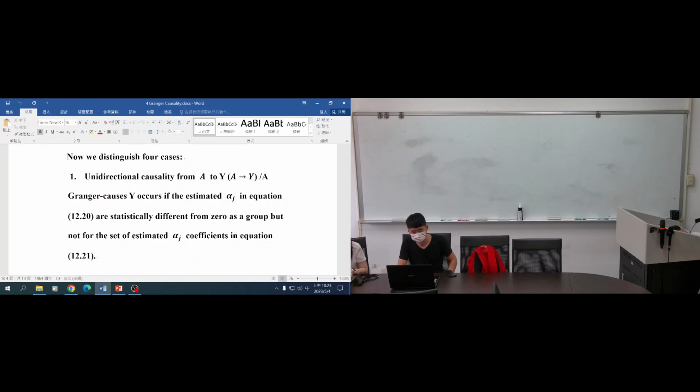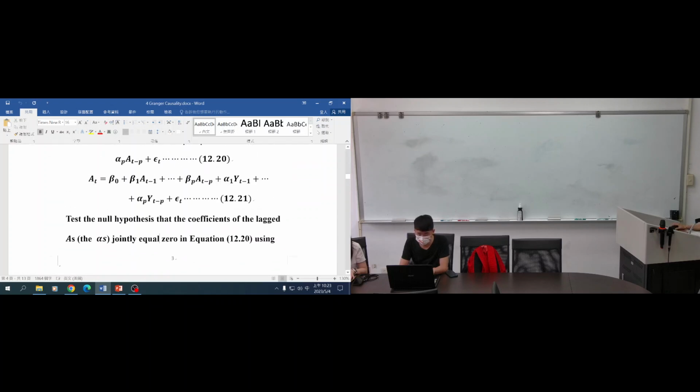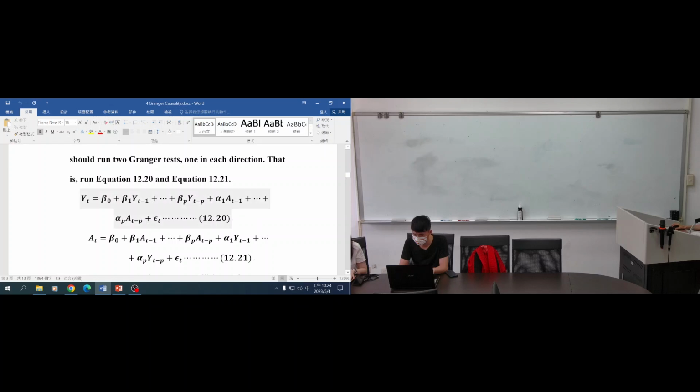It means all the estimated alphas in equation 12.20 are significantly different from 0 as a group, but not the set of estimated alpha j coefficients in equation 12.21. So this alpha is significant, but this is not significant. So we say A Granger causes Y. Can we say A Granger causes Y? Let's see.